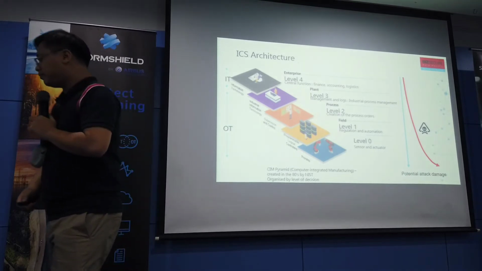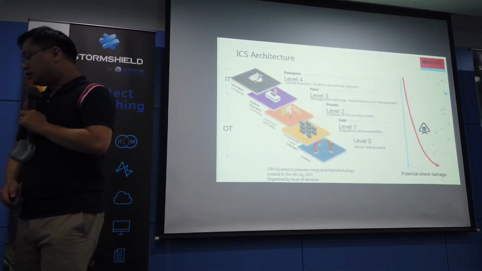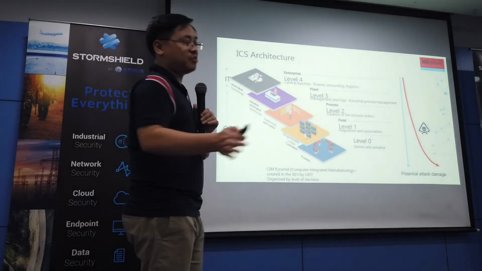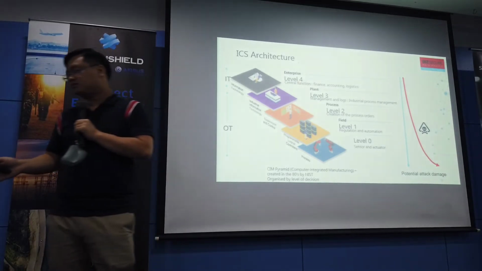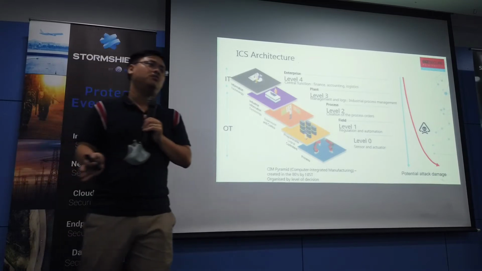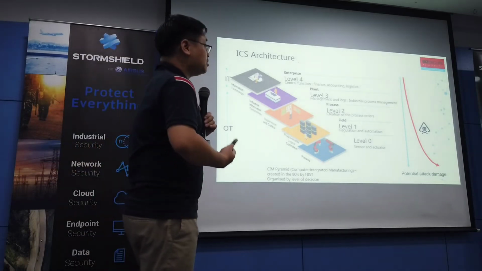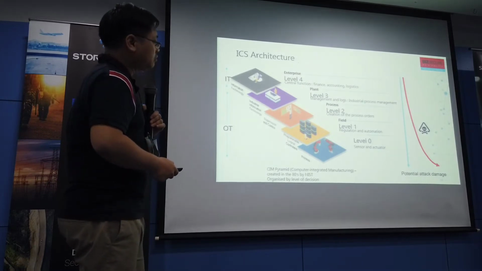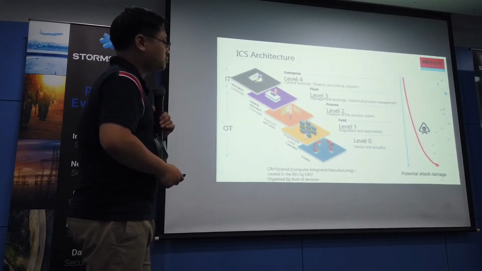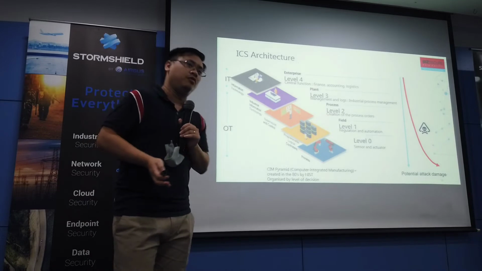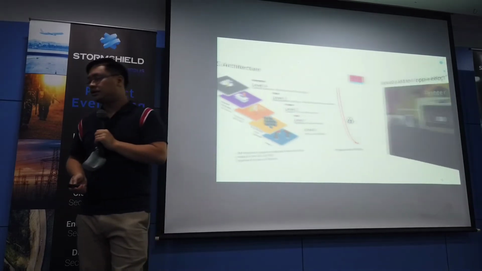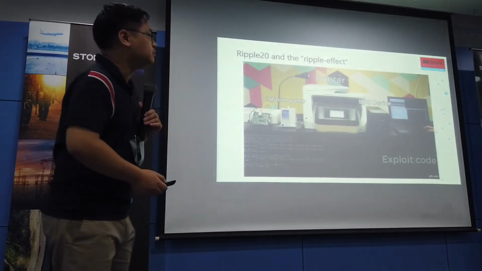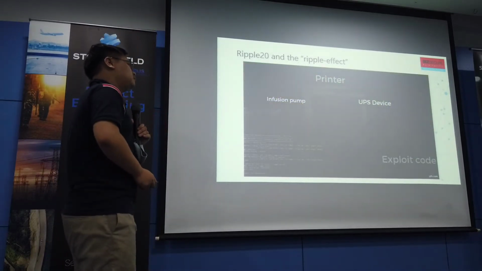So that being said, let's take an example, something that happened last year, 2 years ago. Let's take an example and see: if I attack this level, then what happens? Maybe you have heard of that. It's what we call Ripple 20. So what do I have here?